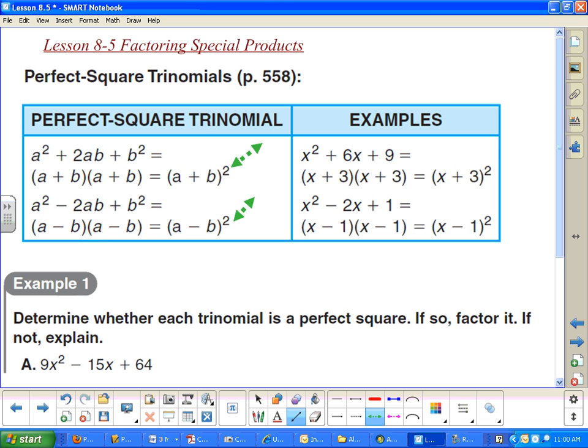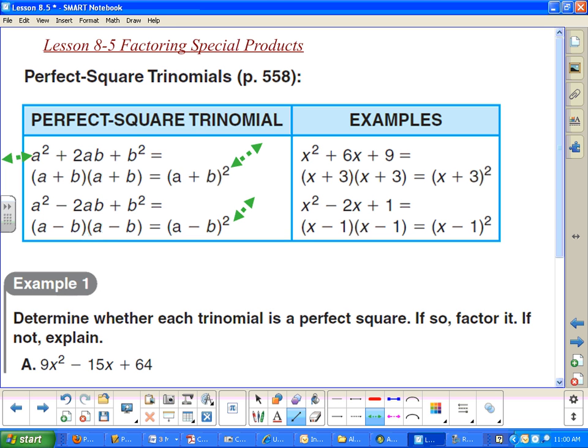And if you can understand that when I square a plus b, that I get this, then you can actually work through some shortcuts later on in this class, in Algebra C, and if you go on to pre-calc, we use it a lot.